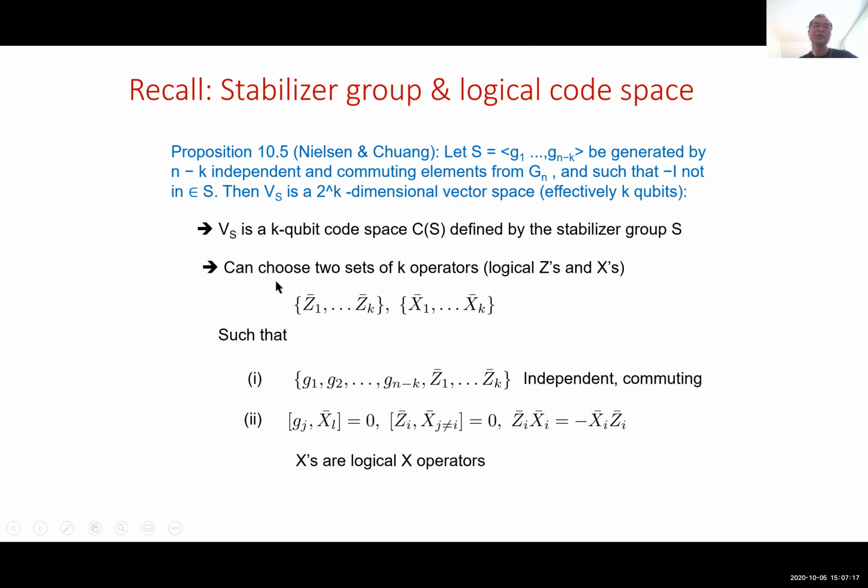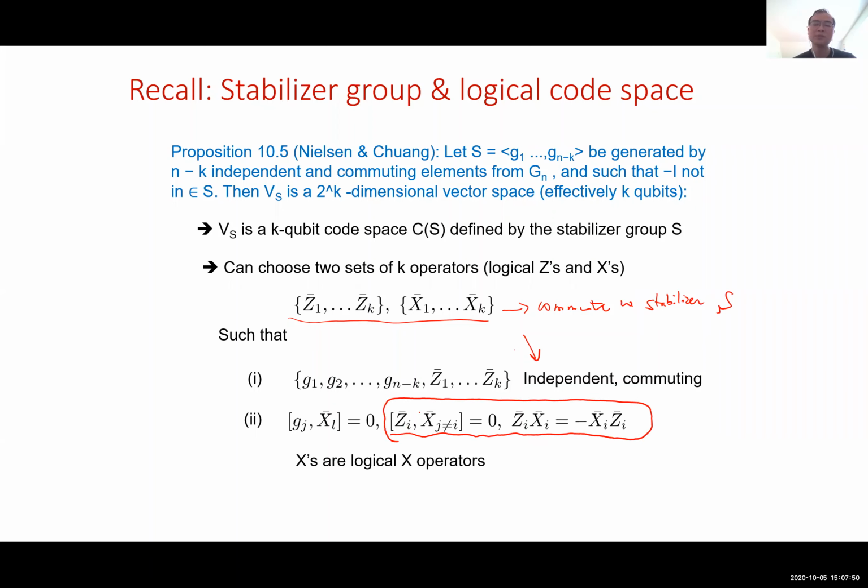This means that we can have k logical qubit operators, logical X and logical Z, and all of these need to commute with the stabilizer S. And they need to form logical operators.